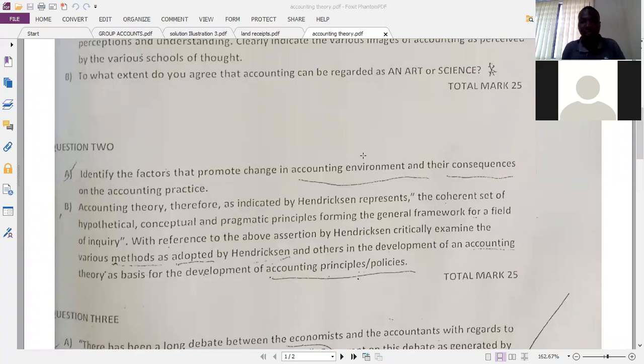They look at that: there is an agent, there is a principal. What relationship exists between the agent and the principal? The owners of the business entrust the business in the hands of the manager or the CEO, and then they run the business for them. What relationship is there? And it is based on those things that they use to formulate their accounting proposition.